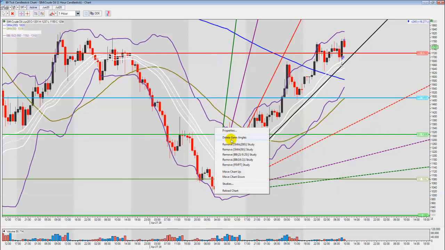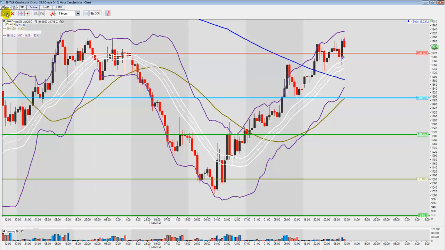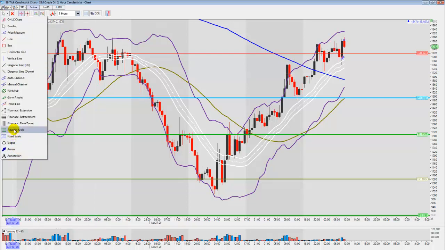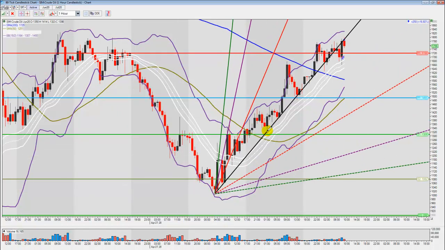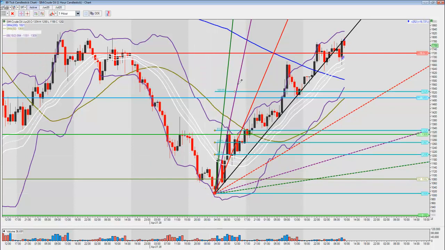That's not the correct... Possible retracement here when it does want to come.